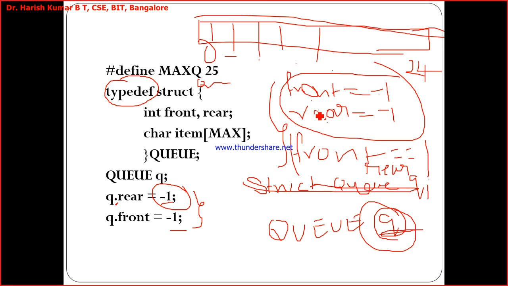And similarly, how do you say the queue is full? When you are adding a new item to the queue, you add it at the rear end by incrementing the rear. So when rear is pointing to 24, the queue is full. That means you can check the queue full condition by using rear is equal to, what is that?